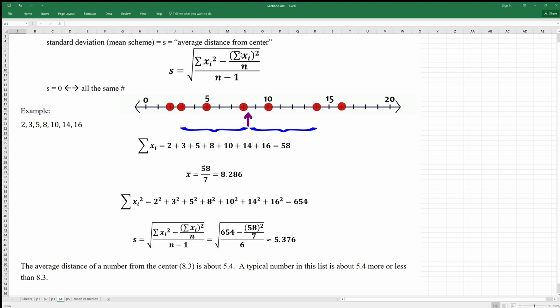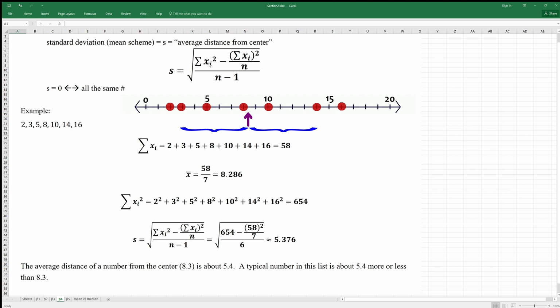If you've computed the mean, you should already have that. Square your answer. Divide by how many there are. n was the number of numbers. Separate to that, square each number and then add them up. Subtract the one from the other, divide by n minus 1, and take the square root. Let me say that again. Add up the numbers, square your answer, divide by n.